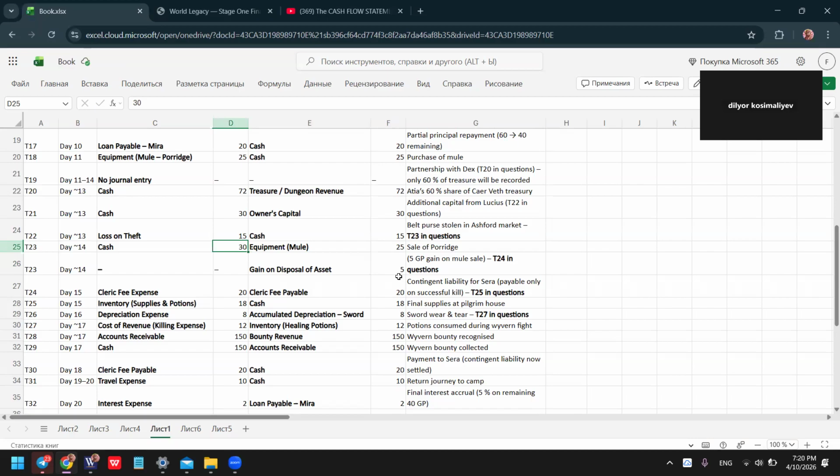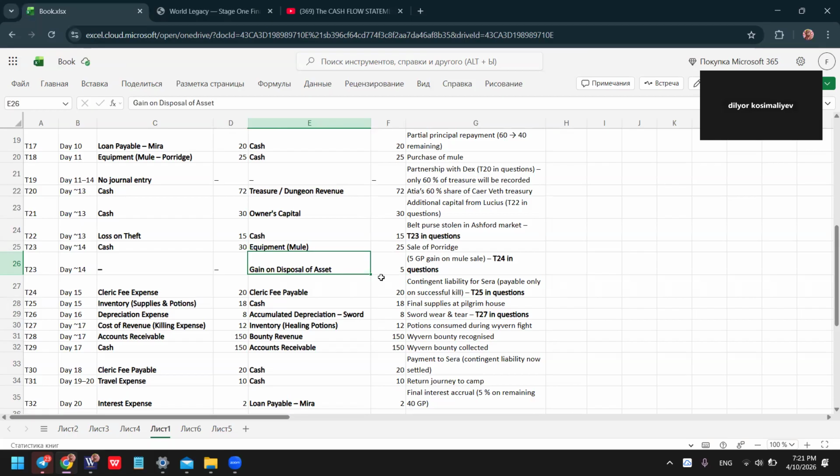Sorry, I got messed up. So the gain is also accrued gain. It's not like a direct one. We did not get additional 5 golden pieces from that.